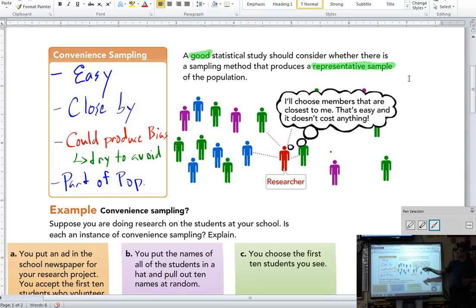I've got green and purple and blue, and those convenient people may not show the diversity that exists in that population. It looks like there's more green than blue and purple, so your sample should have more green.